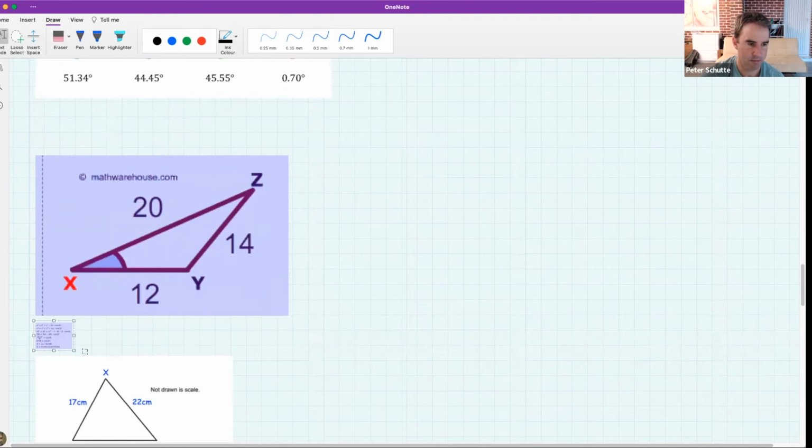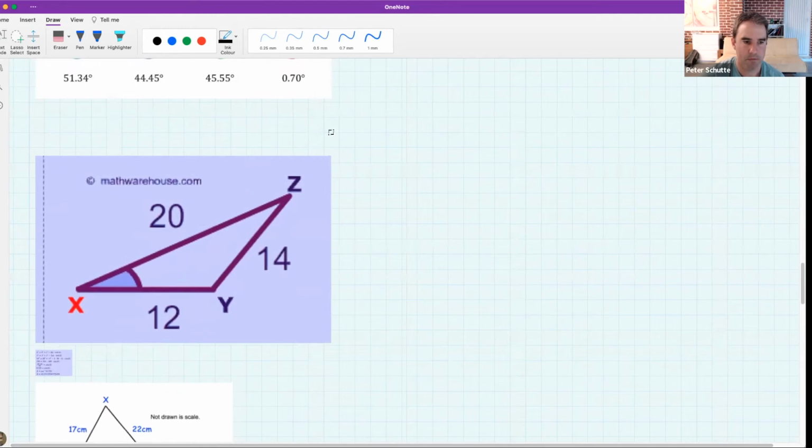Everyone, can you try and solve for me for the angle X in this particular drawing? Start by writing it out, and then see if you can find what this angle over here is. We've got all 3 sides, so we're using the cos rule.